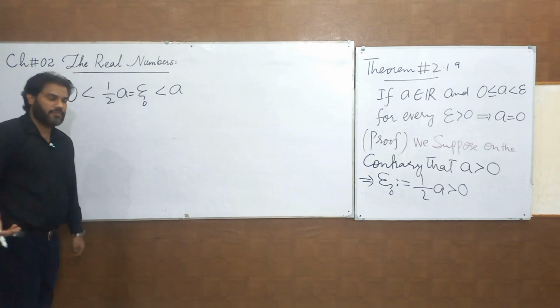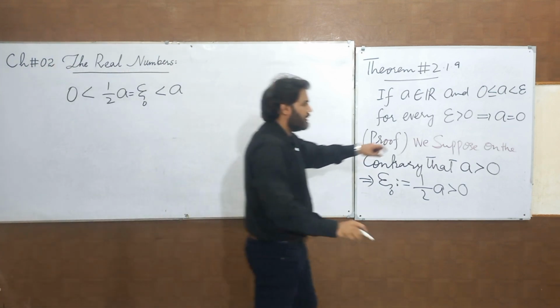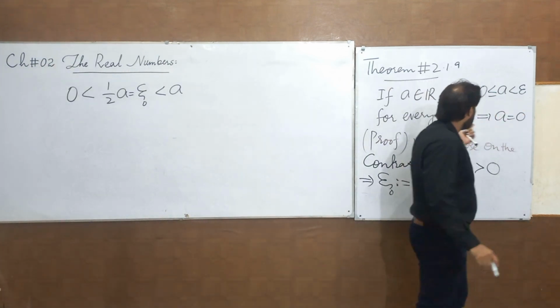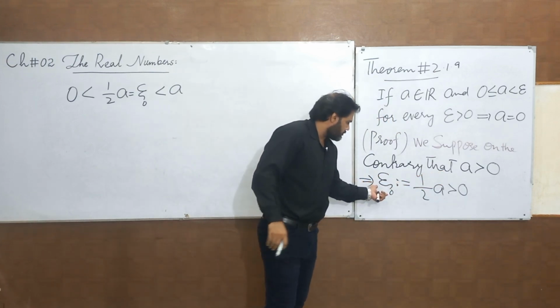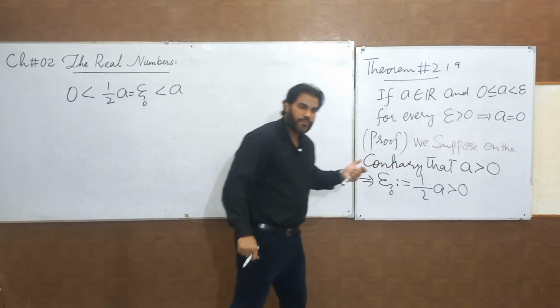But this contradicts the fact that a is less than epsilon for every positive real number epsilon, and here epsilon naught is also positive.